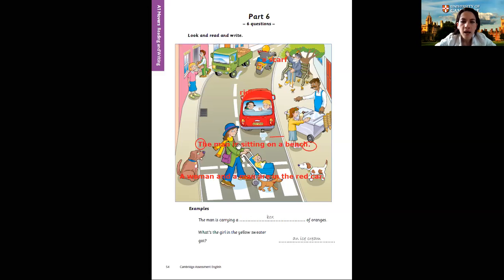So for example, I am going to select the dog, this dog. I like this dog, okay? So I'm going to circle this, okay? So first I observe the dog. For example, the white dog with brown spots is looking at the baby.